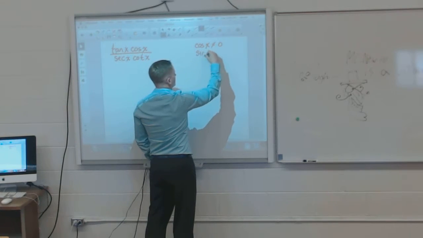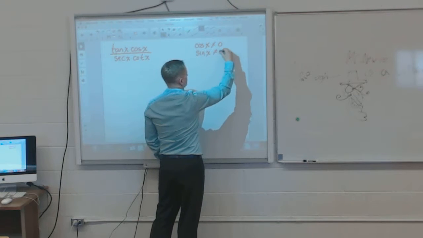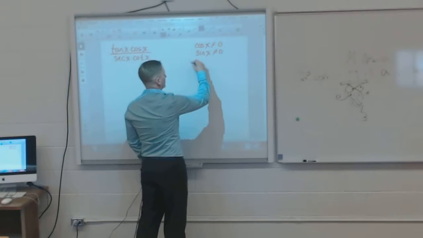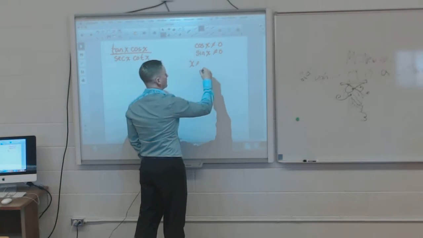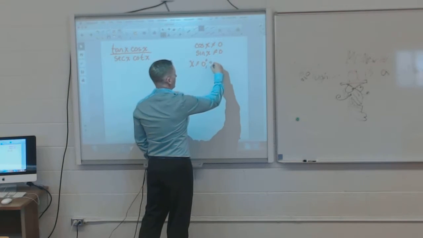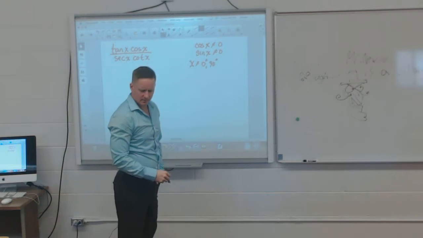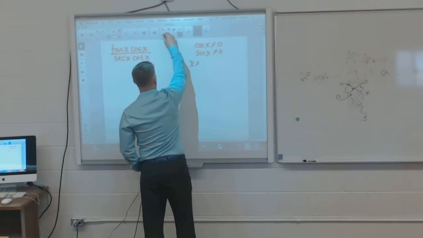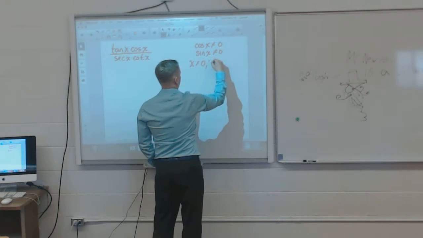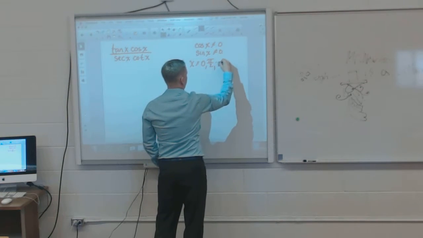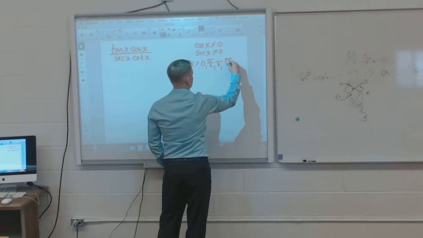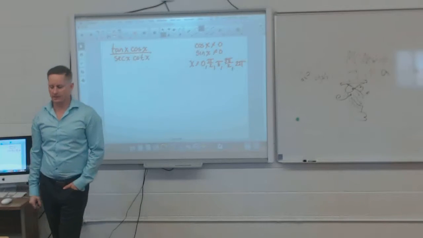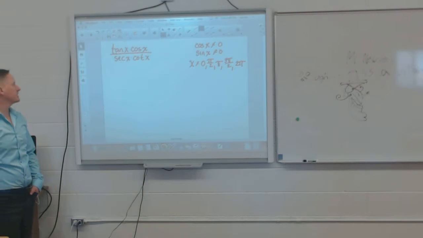So cos x can't equal 0, sin x can't equal 0. Therefore x can't equal 0, 90. Give it in degrees, or if it wants it in radians: 0, pi over 2, pi, 3 pi over 2, 2 pi. So x can't equal any of those values.